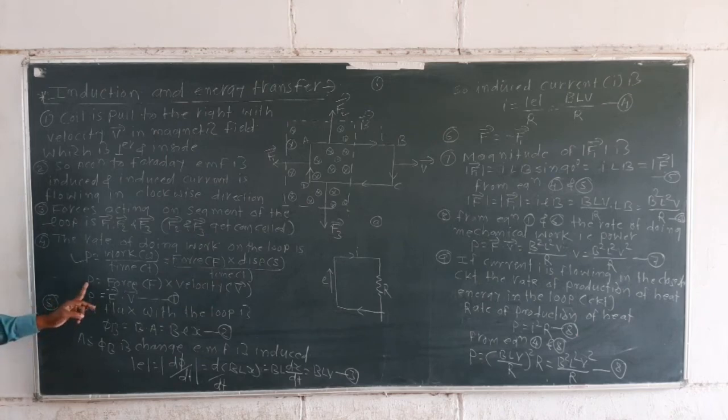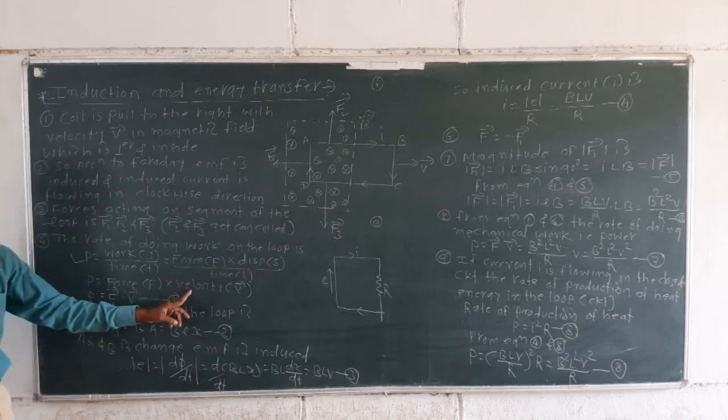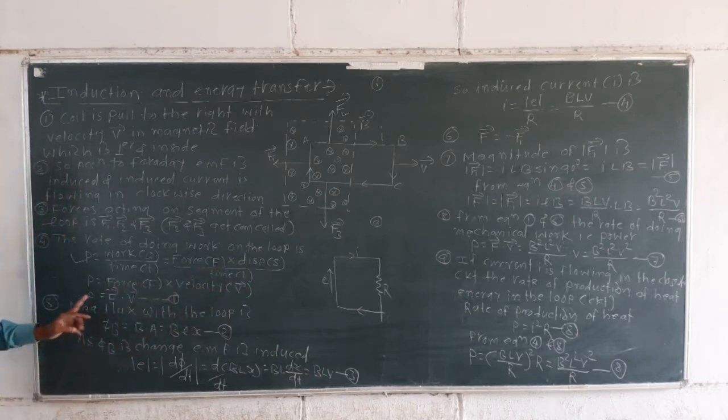P is equal to force as it is, and displacement upon time is nothing but the velocity. So finally we write P is equal to F dot V. Here we take the scalar product because power is a scalar quantity, and this is called equation number 1.